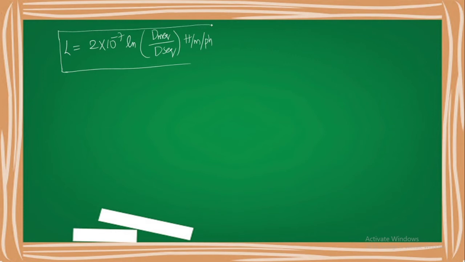Ds equivalent is nothing but equivalent GMR, geometric mean radius, right? So this expression is useful in order to find the inductance by using the GMD GMR method, right?